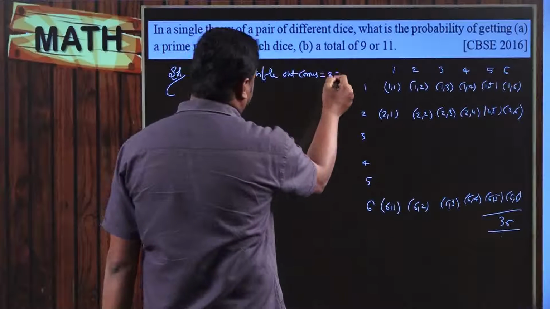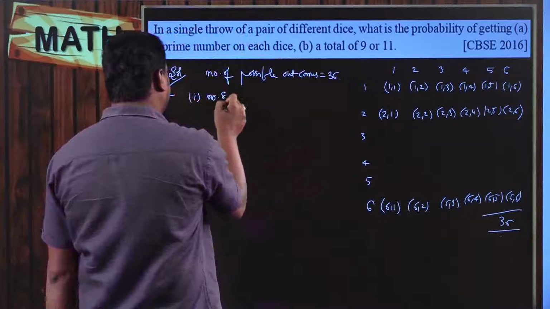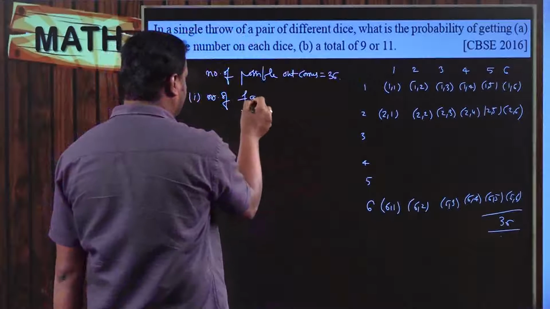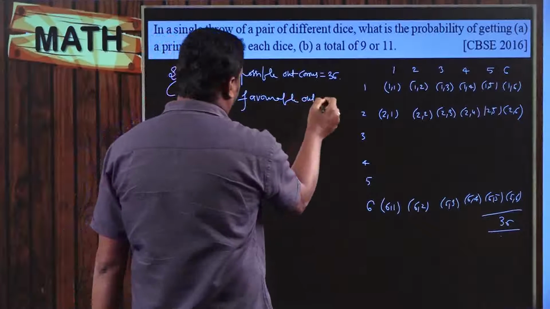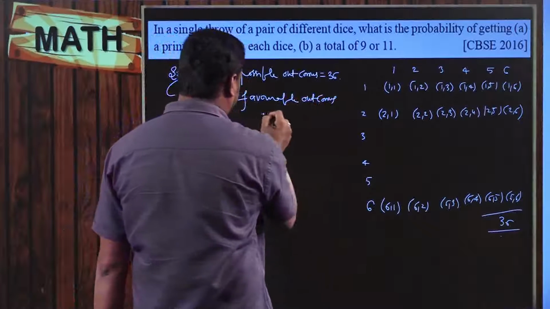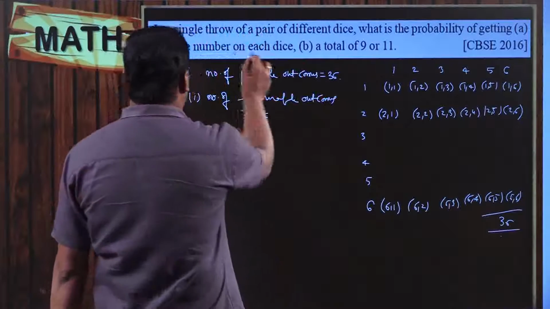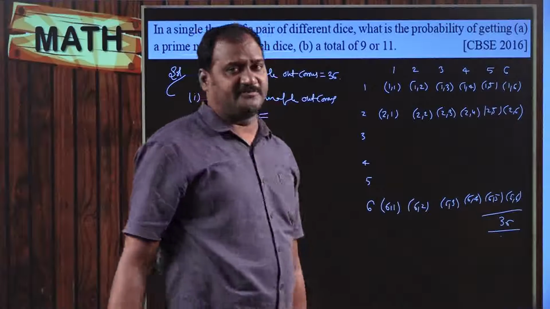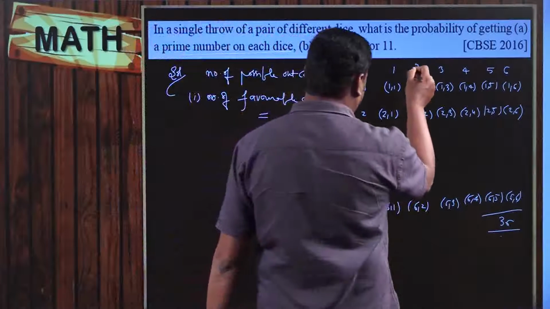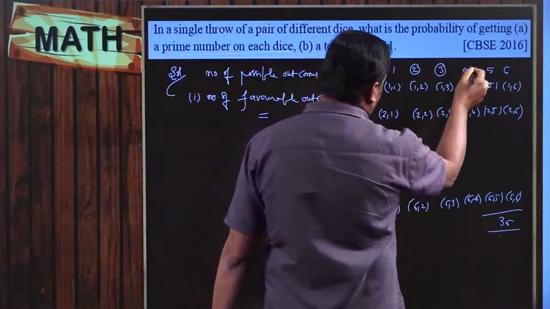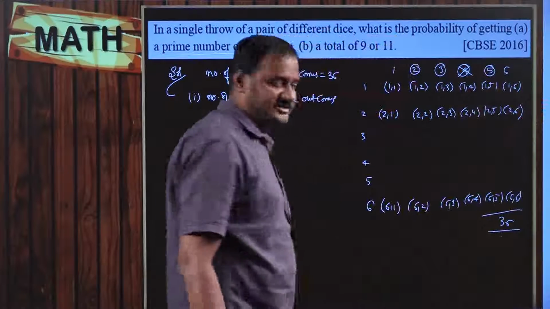Now coming to the first problem. What about the number of favorable outcomes in the first condition? The first condition here is a prime number on each dice. So what are the prime numbers out of 1 to 6? 2 is a prime number, 3 is a prime number, 4 is not, 5 is a prime number, and of course 6 is not a prime number.